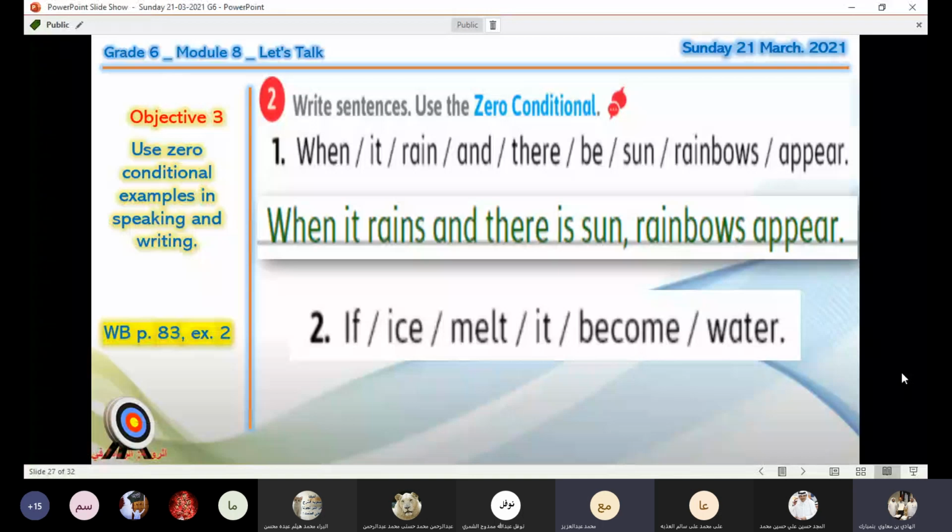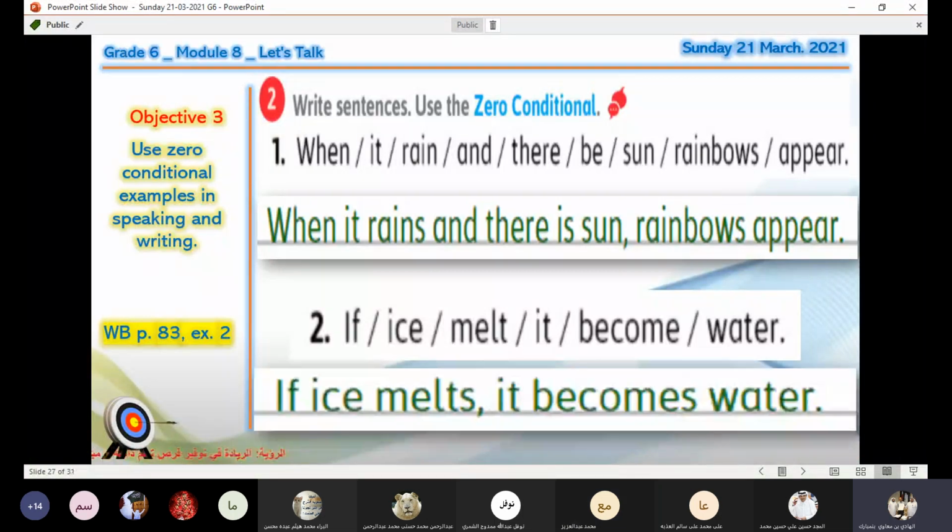If ice melts, it becomes water. Thank you. Mashallah. If we melt ice, it becomes water. If ice melts, or if we melt ice, it becomes water.